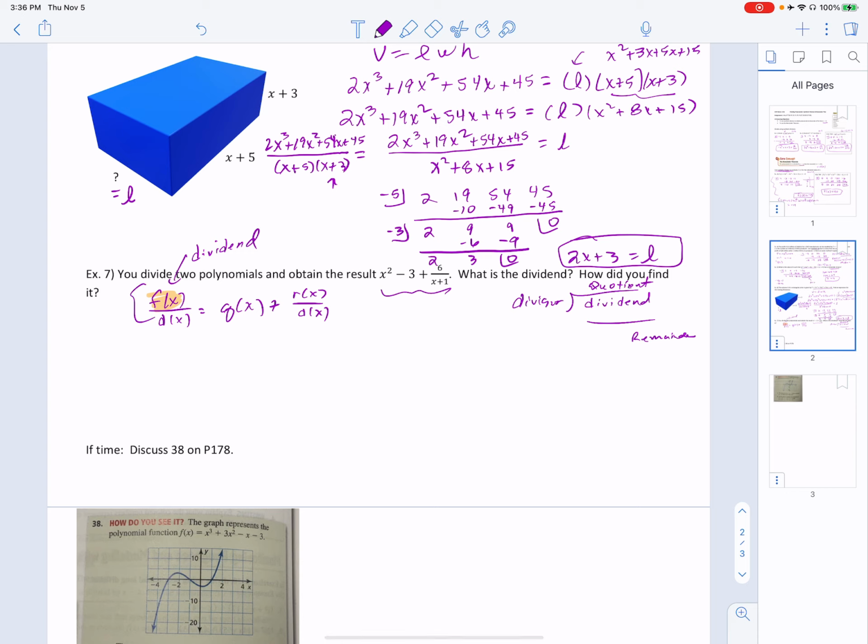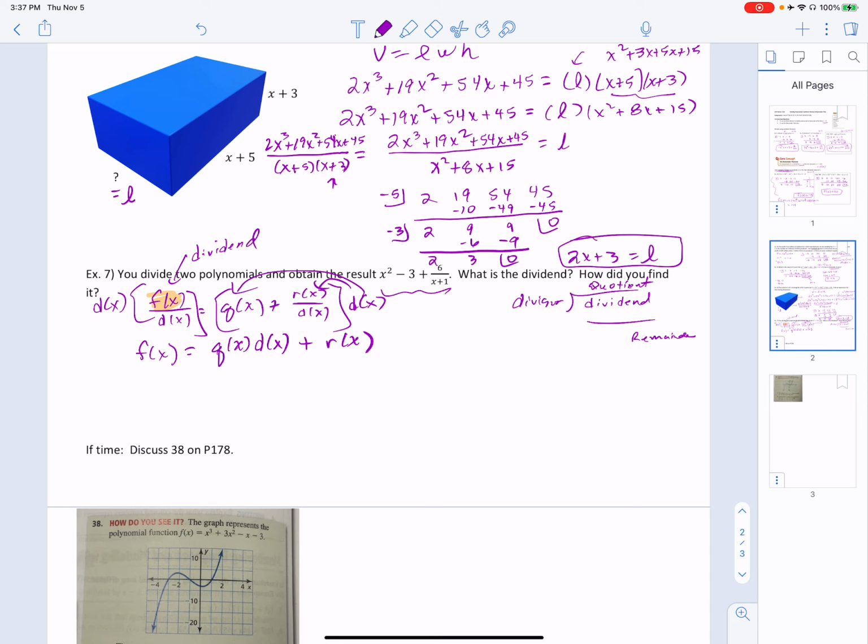So if I multiply both sides by d of x, then I can solve for that dividend, and I have to distribute the d of x to each of these, and I get q of x times that d of x, and when I take it times the fraction, the d of x's cancel, and I just have this remainder. And so that's what I want to do.